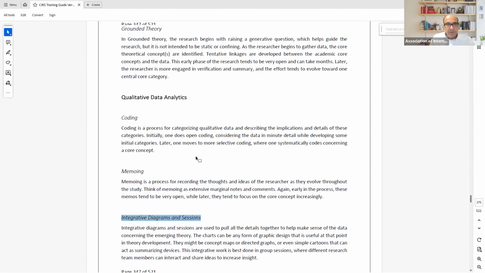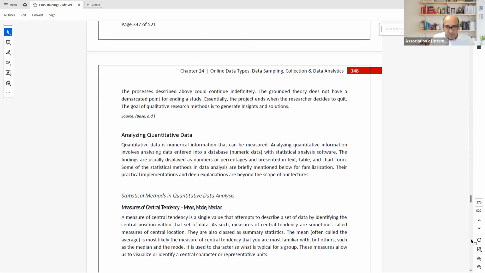Then let's look at quantitative data. Now, let me tell you ahead of time, we are not going to learn statistics here. Keep out of your mind that in the exam you're going to have a question that has to do with statistical inferences or calculations.